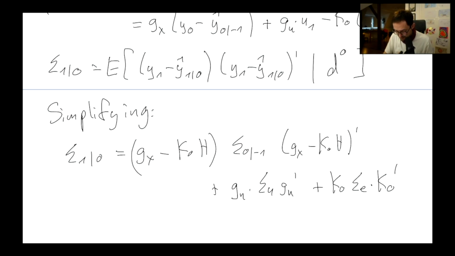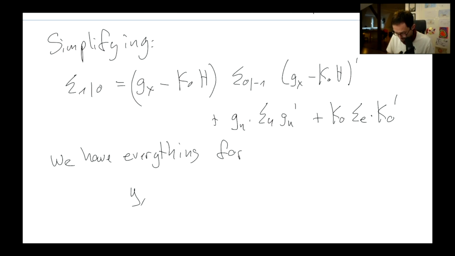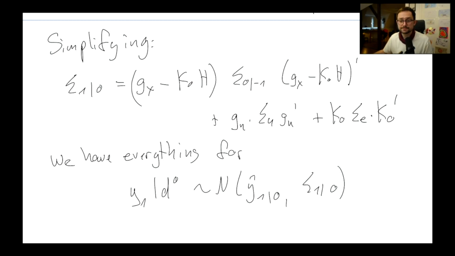So we have everything for y1 given d0 is normally distributed, y hat 1 given 0, sigma 1 given 0. Now this was going from 0 to 1. Now we could go to 2, to 3, etc. So there is the recursiveness kicking in.